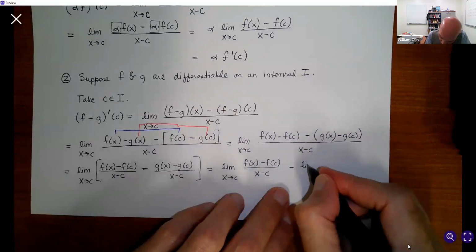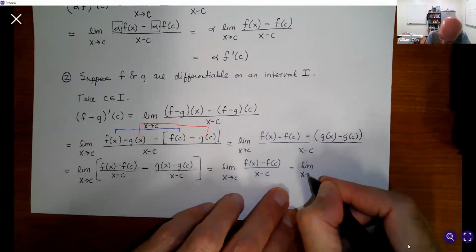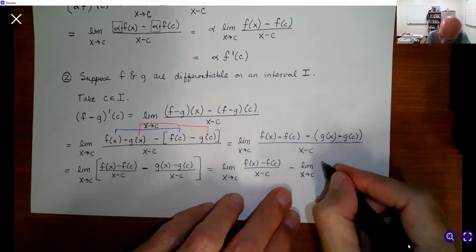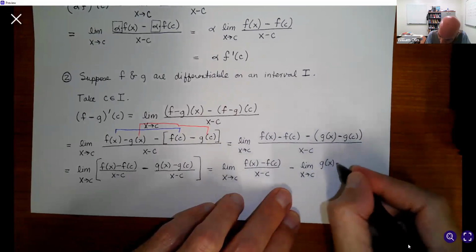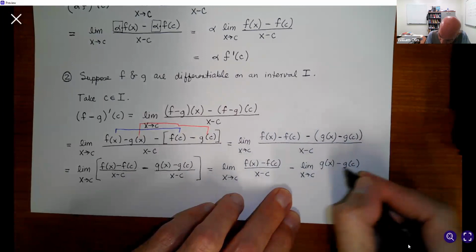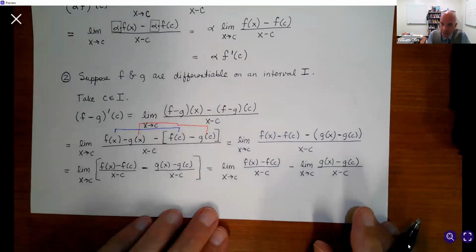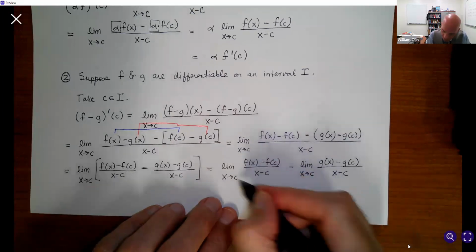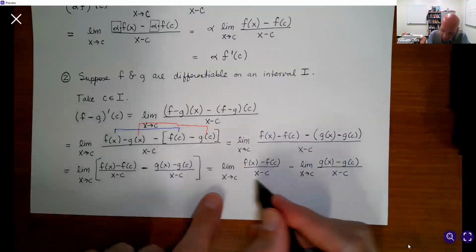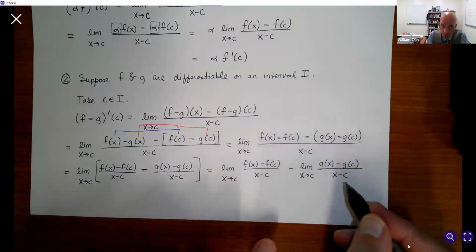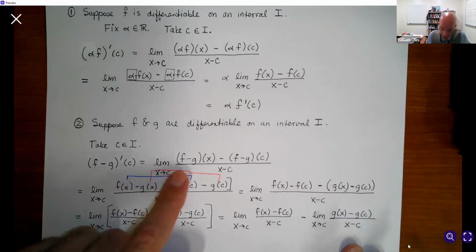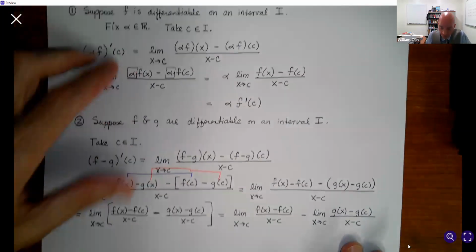I mean, we can do that because it's a property of the limit. The limit as x approaches c of g of x minus g of c divided by x minus c. So now we've got, and of course you can put parentheses here, but it's clear that we're taking the limit of this difference quotient, just like we've written up here.